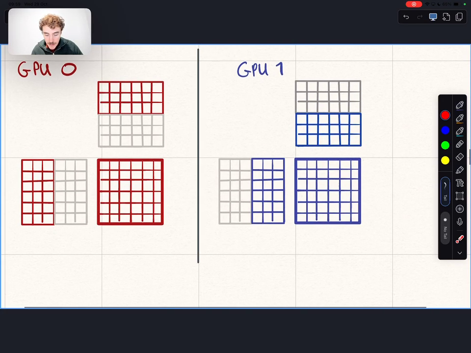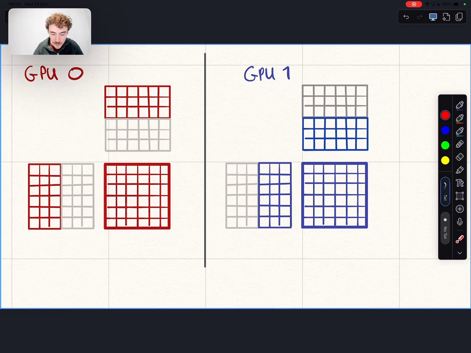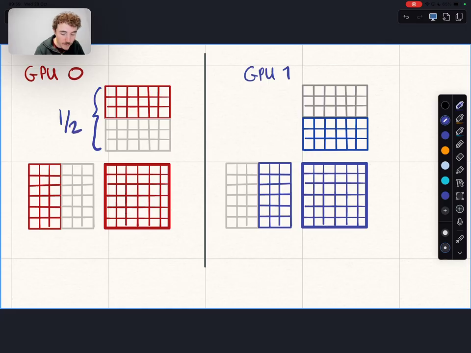And so if we look at what we've done here, let's look particularly at the weights. In the weights, I've managed to compute the full matrix multiplication, the full forward pass of this model, storing only half of the weights on each GPU.